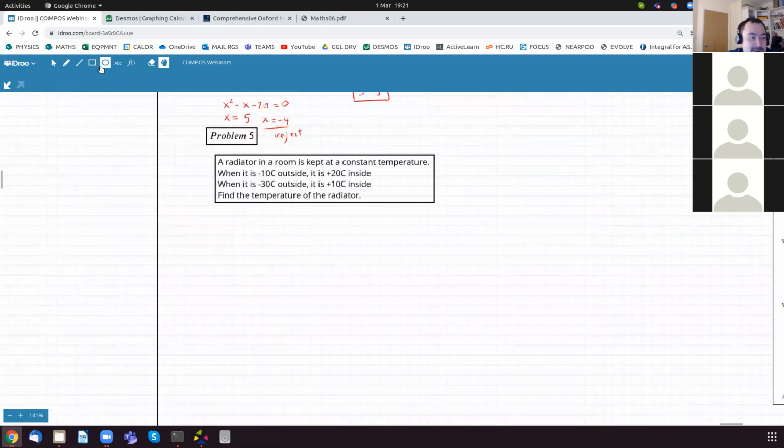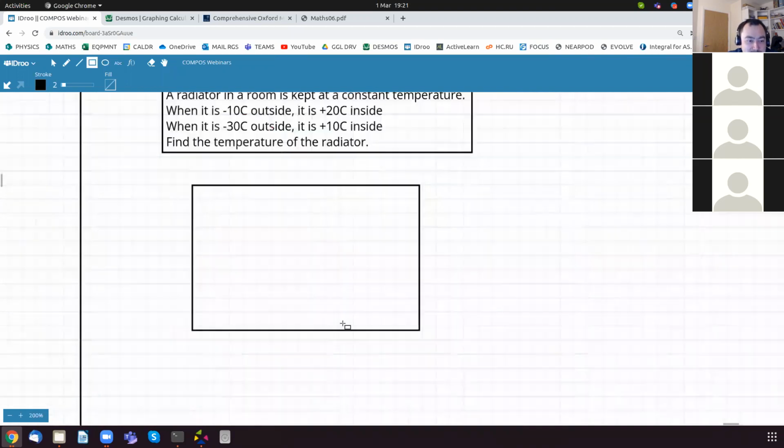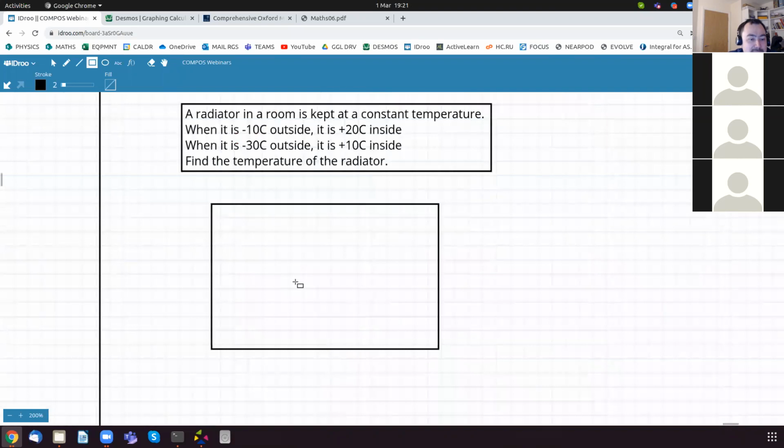But well, first thing, let's do a drawing, because any physics question starts with a drawing. You have a room, and inside the room you have a radiator. You also have windows and doors and walls. But for simplicity, let's say that the walls are absolutely perfect and you only lose heat through the window.